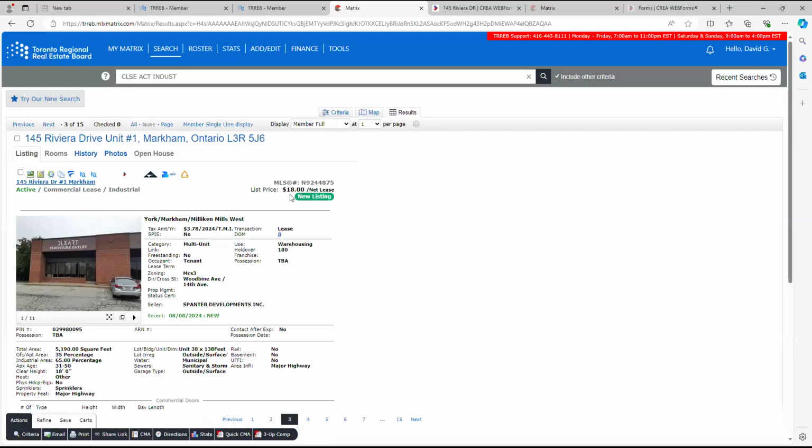The rent before last year, the year before, was around 14, 15 already. So in this way, I will tell the listing agent, David, can you bring your offer? You're asking 18, probably I can try $16 per square foot, because the market price in the area is around 16, 16.50 or whatever. So that's the way you can talk to the listing agent.